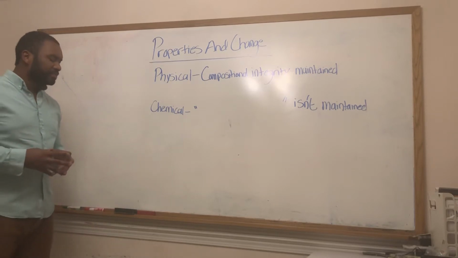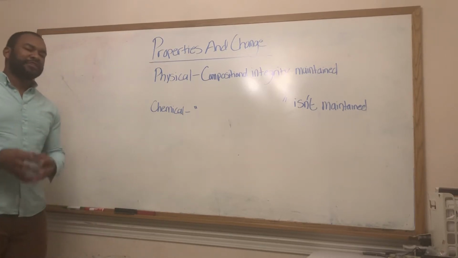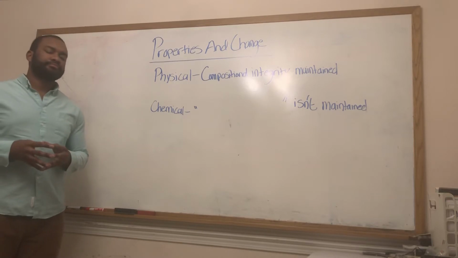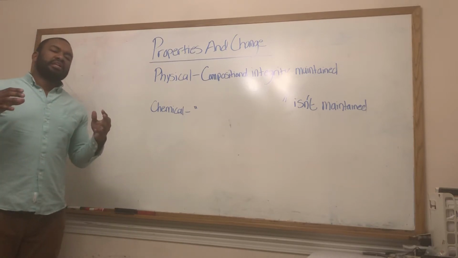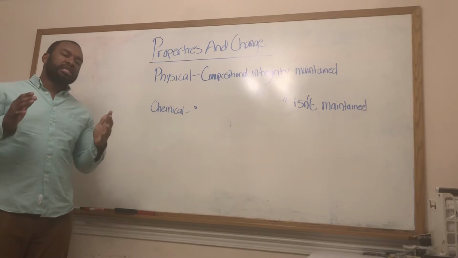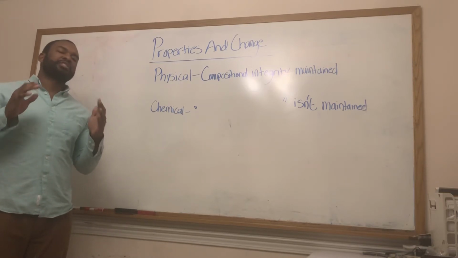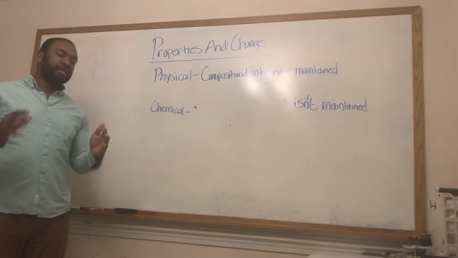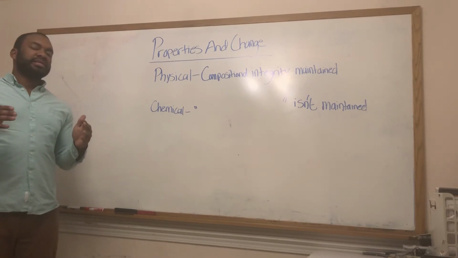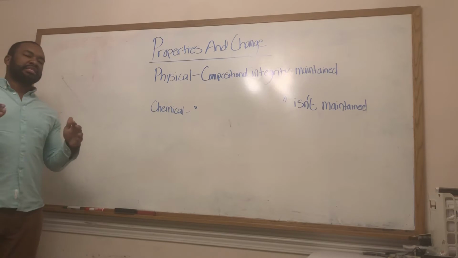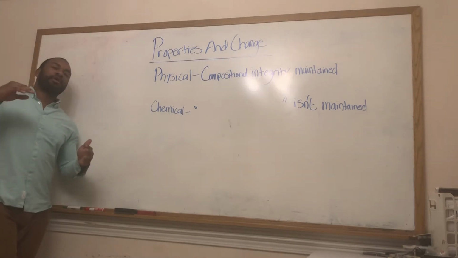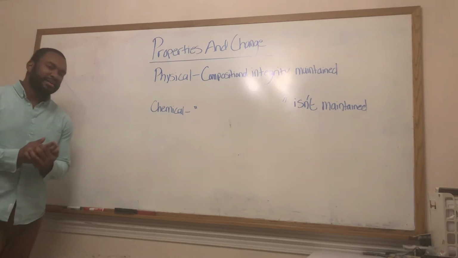And so basically, I told you earlier in this video that an atom is the smallest form of an element that can exist while still retaining the properties of that element. Yet, there exist subatomic particles, particles even smaller than atoms.